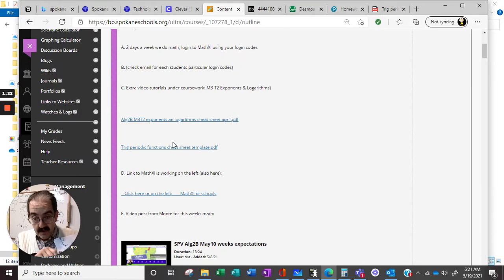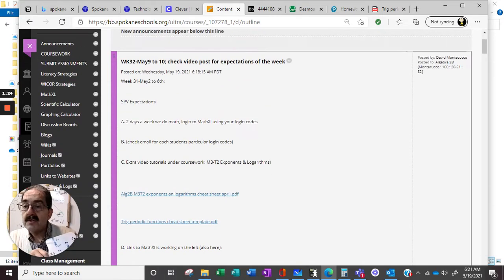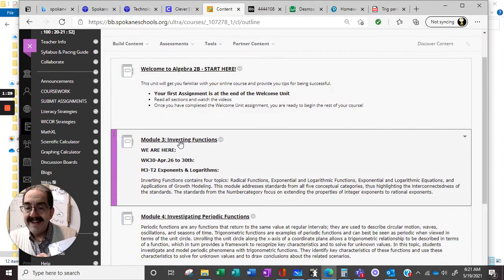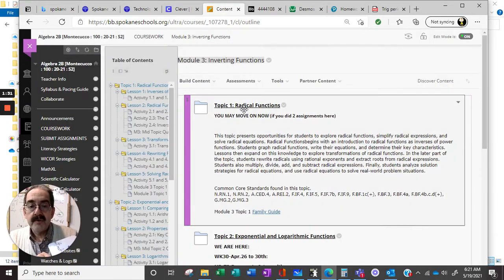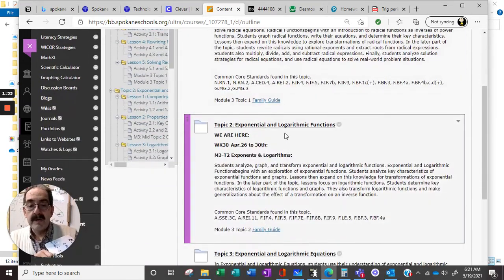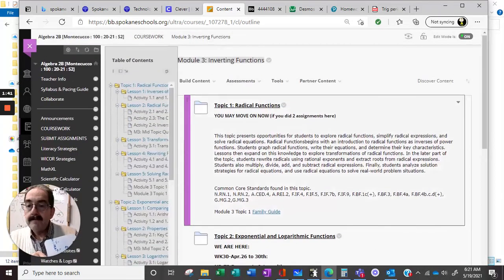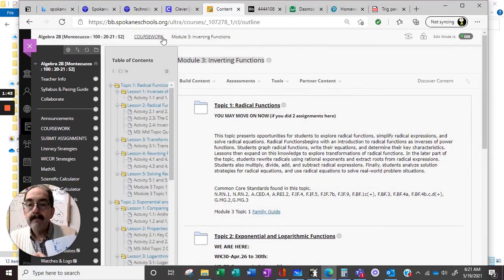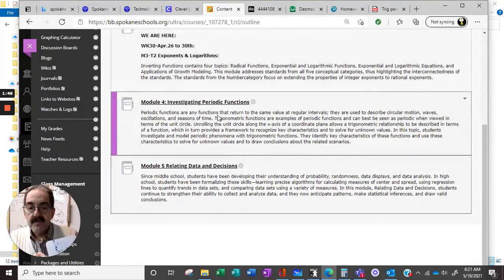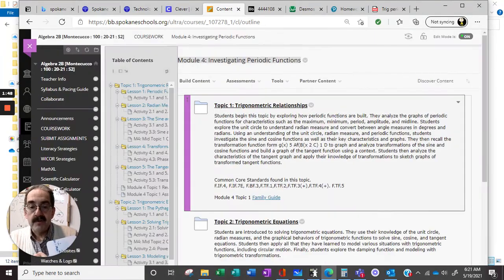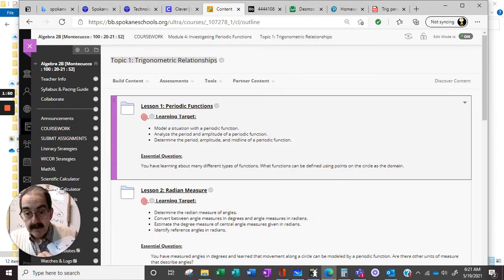That's Module 4, Topic 1. So I'll show you where that's at here, coursework. We've been living in this Module 3, we did the square root function, we did the exponent and logarithm function. I'm going to do some of the high-level logarithm problems today, and then go to Module 4, periodic functions, trigonometric relationships.